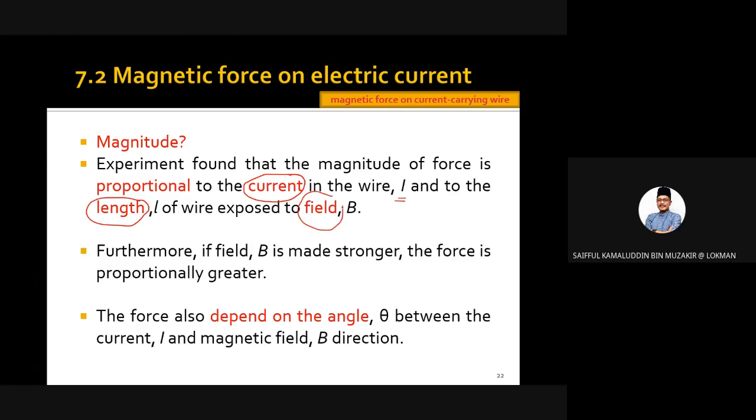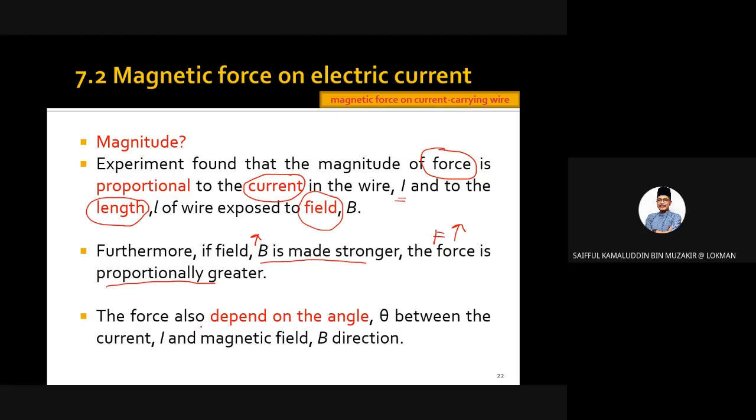So we have three parameters that are correlated with the force, whose direction has been determined by our thumb. And furthermore, if field B is made stronger, the force is proportionally greater. If B is higher, the force will be higher.